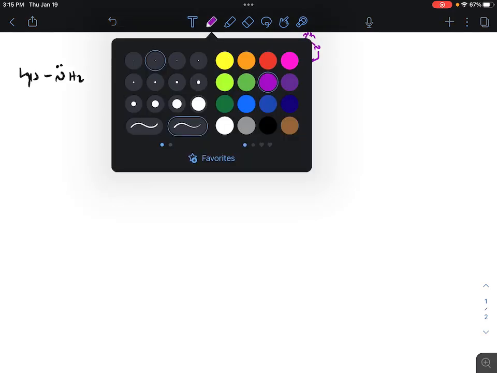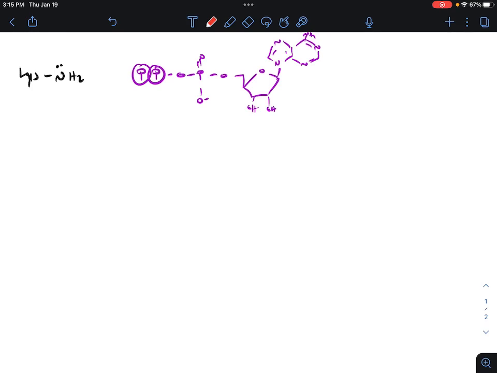In this step, this nitrogen makes a covalent linkage with the alpha phosphorus, and we release pyrophosphate or diphosphate. That hydrolysis of ATP to pyrophosphate and AMP is the energy that ultimately is the driving force for this reaction.